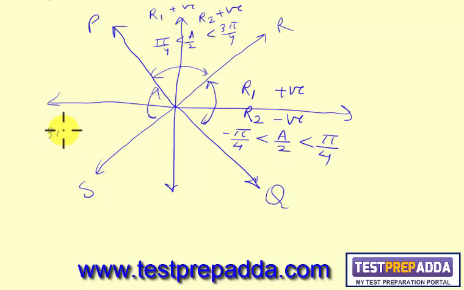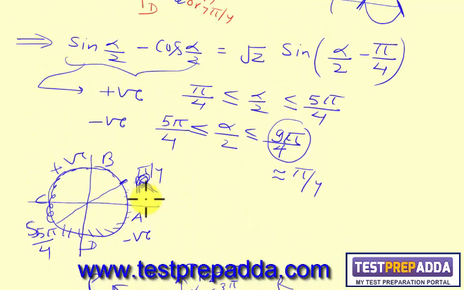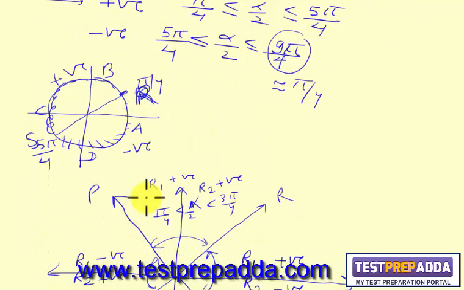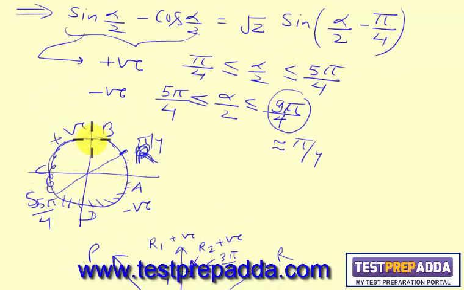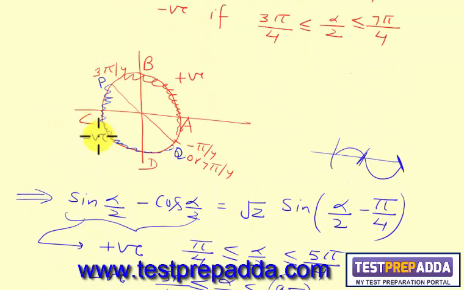Here it is 3 pi by 4 to 5 pi by 4, everywhere we have to take alpha by 2. Here the relation 1 is negative while relation 2 is positive.